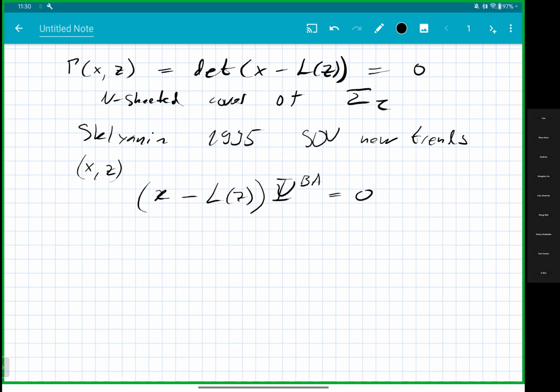But it still will be, you mean the determinant will be infinite dimensional or something? Yeah, probably. In all examples we use some sort of evaluation representation, and the determinant is understood as finite dimensional. But the dependence L of z cannot be formal, it cannot be a Laurent series, because you cannot then put z equal to a particular number.